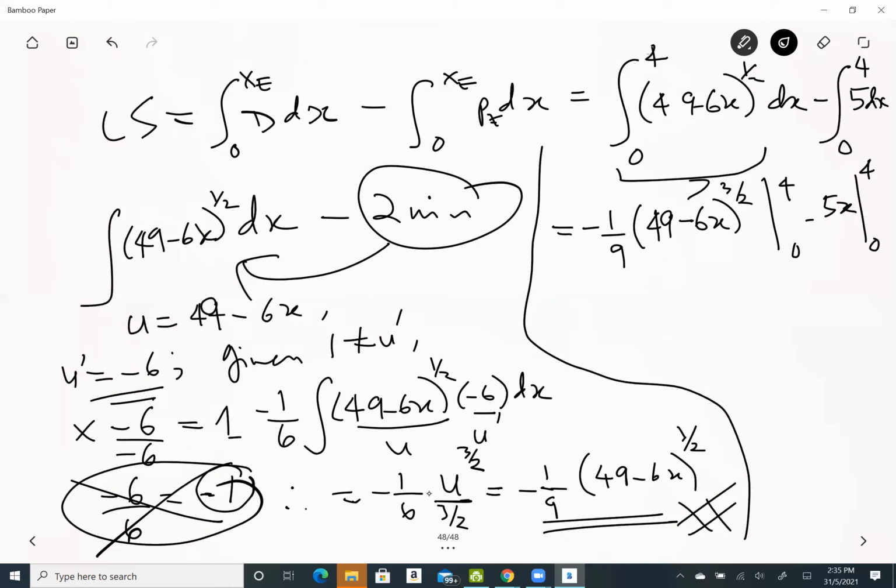Now, the answer should be 4.22. So I want you to work it out. Substitute the x, you get the value of this one, you get the value of that one, and then find the integral.